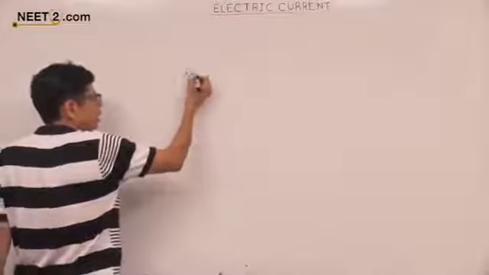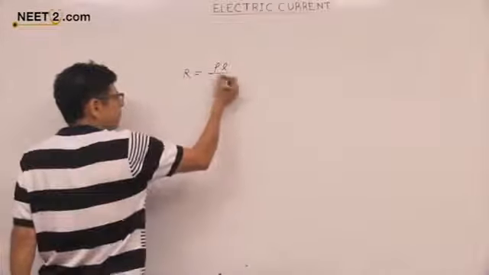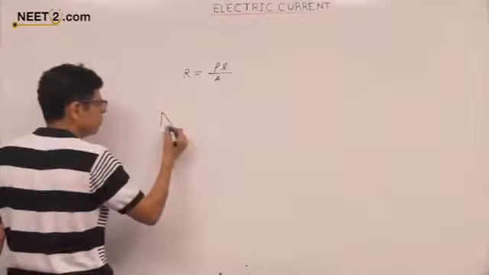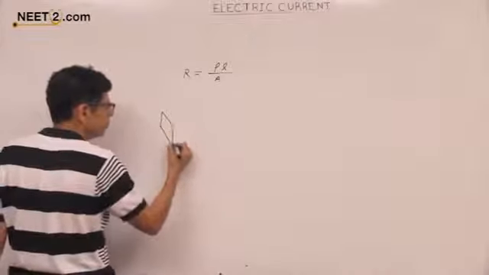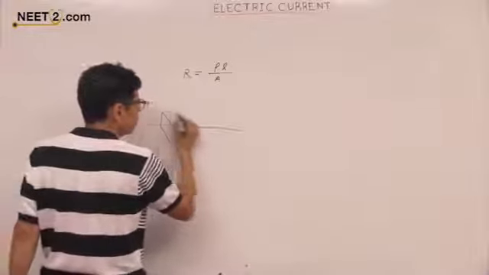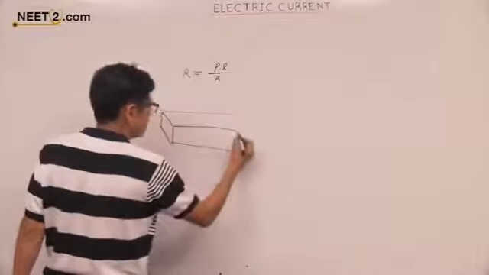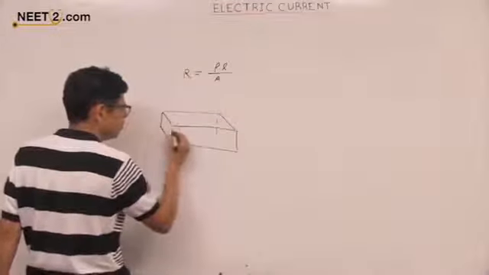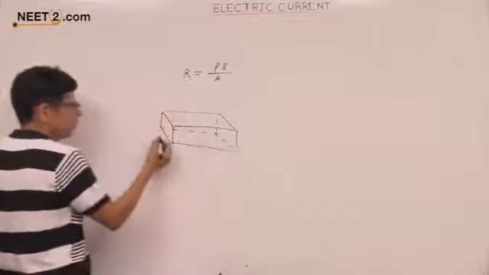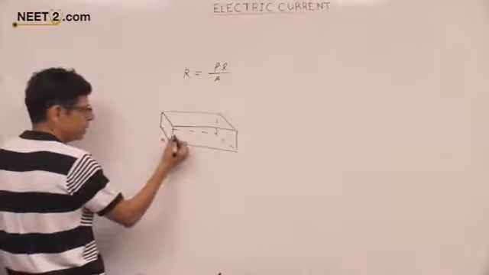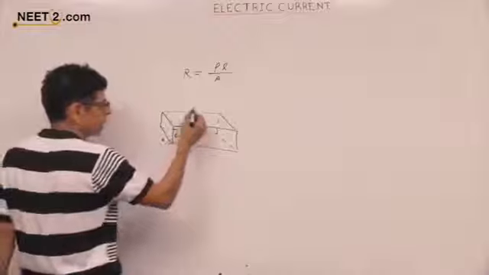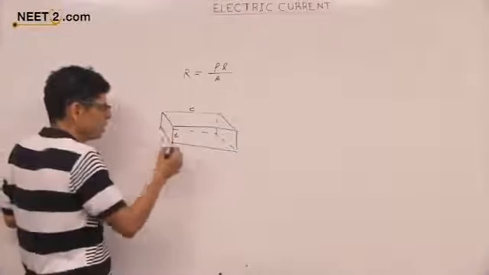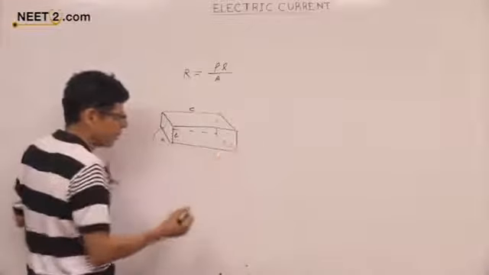A little work on R is equal to rho L by A. We have a cuboid. This is A, this is B dimension, and this length dimension is C. Now, what is the resistance between these two, left and right?